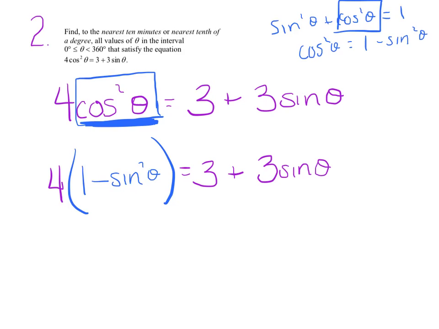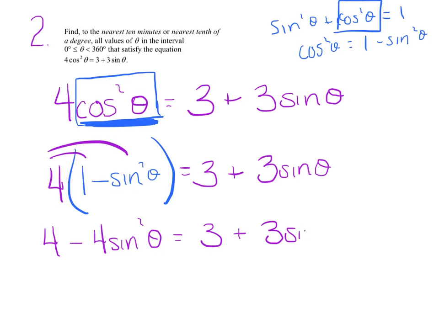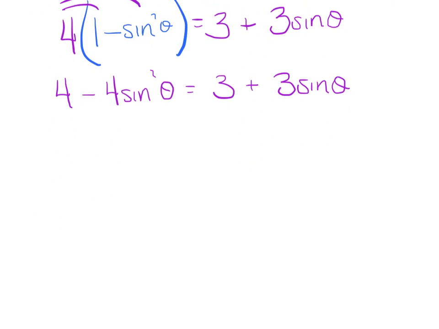Okay, so now we'll just clean it up, common sense. Let's distribute. 4 minus 4 sine squared theta equals 3 plus 3 sine theta. Now, before I do anything, I want to make my equation equal to 0. So I've got 4 minus 4 sine squared theta.